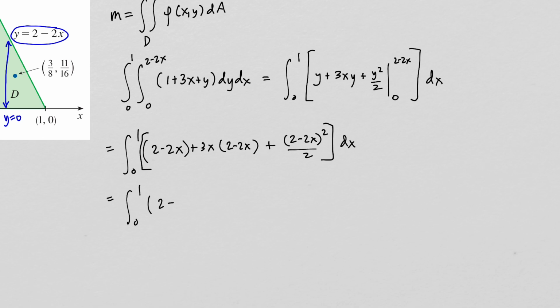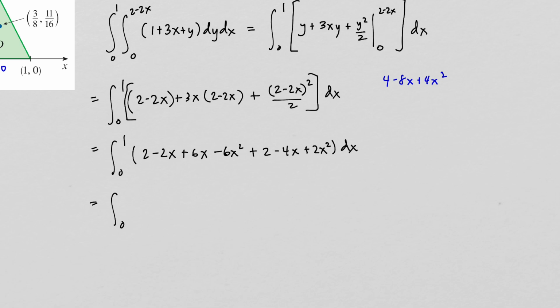We've got 2 minus 2x plus 6x minus 6x squared plus, and when you multiply out this part, you should get 4 minus 8x plus 4x squared. And when we divide all those by 2, we get plus 2 minus 4x plus 2x squared, dx.